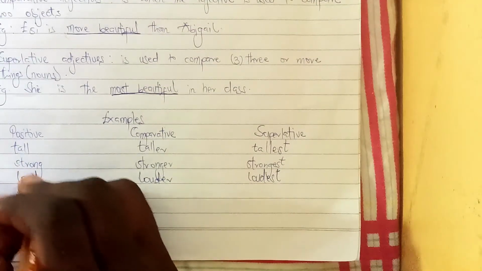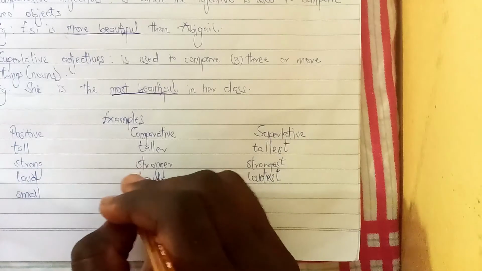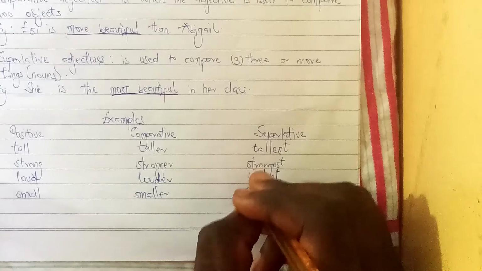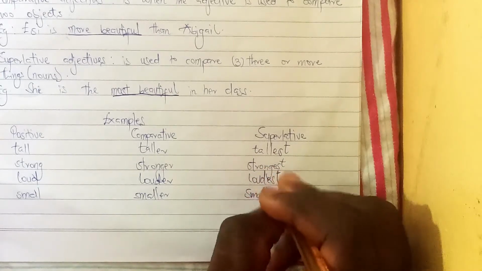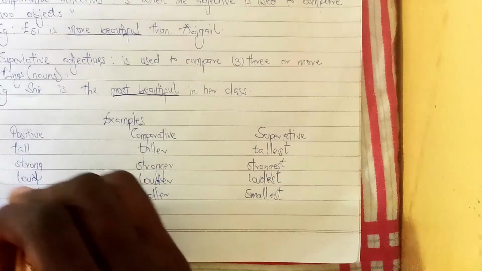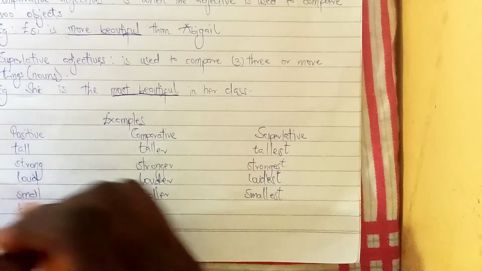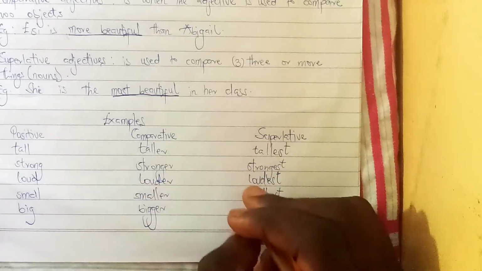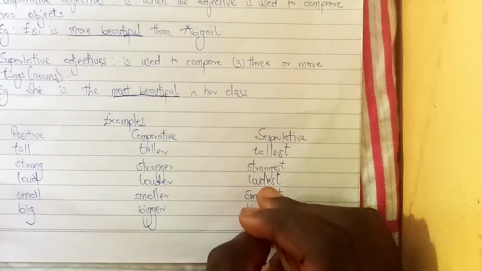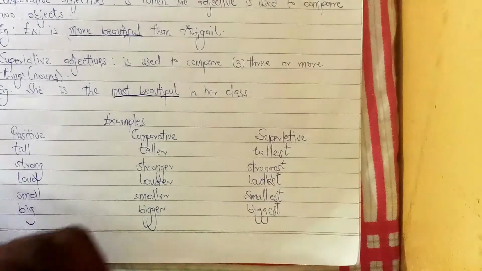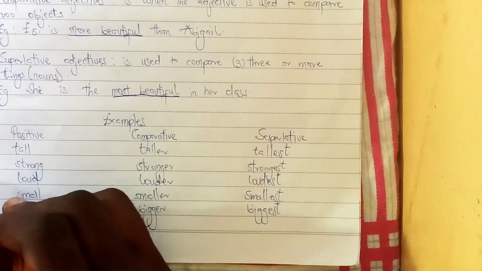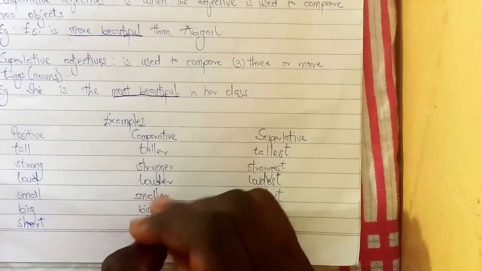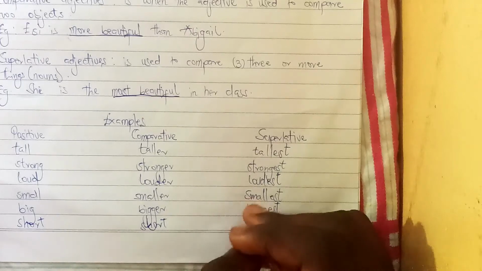Small, smaller, smallest. Big, bigger, biggest. Short, shorter, shortest.